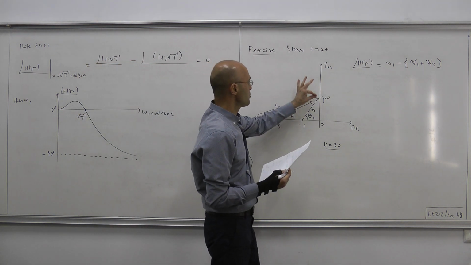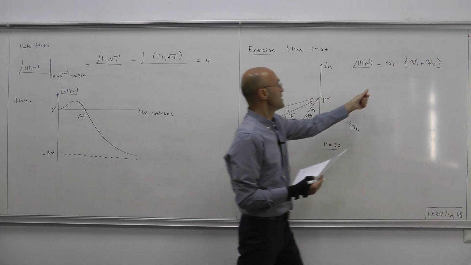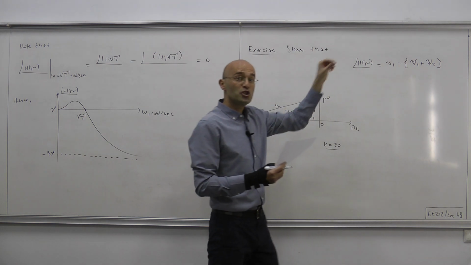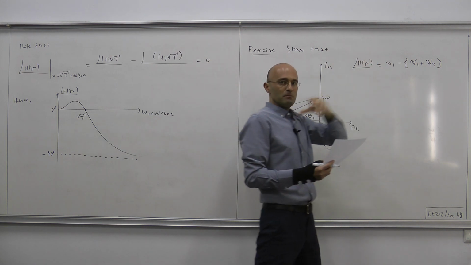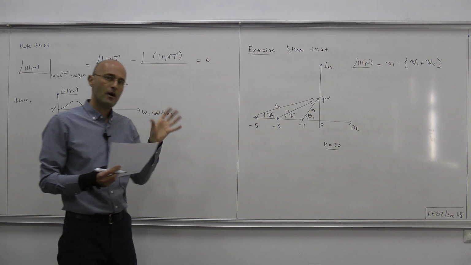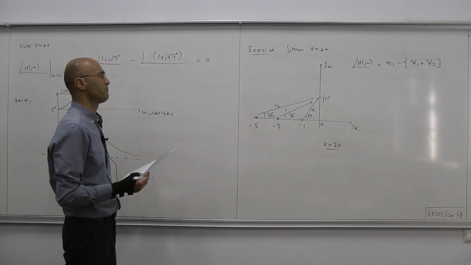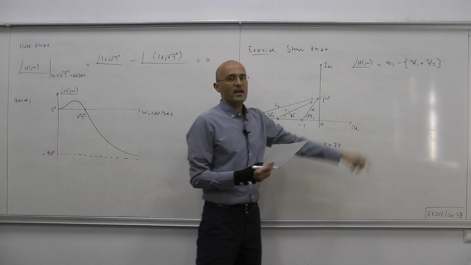As you play with j omega, these angles all change, and as a result the phase changes, and by looking at that change you figure out the omega versus phase characteristics of H(j omega).